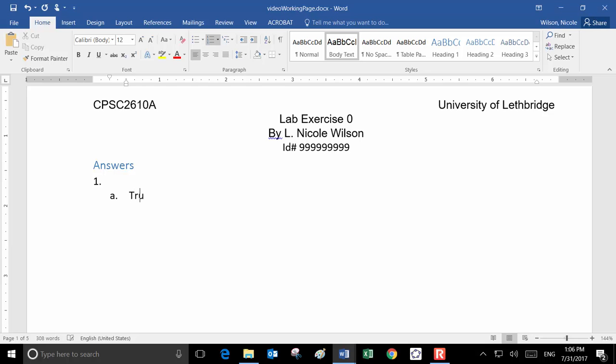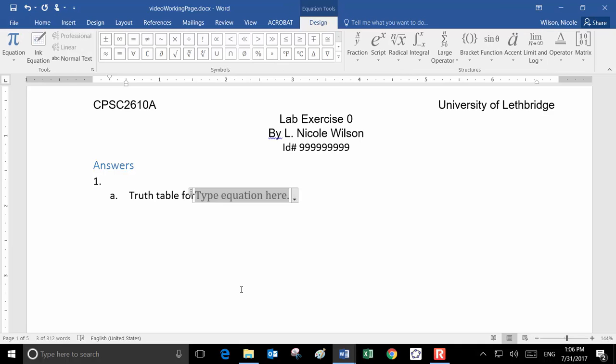So we're making a truth table for, as I say, it's easy to go into the equation editor here. You hold down Alt, hit the equal sign, and we're doing x NAND y or not x and not y.